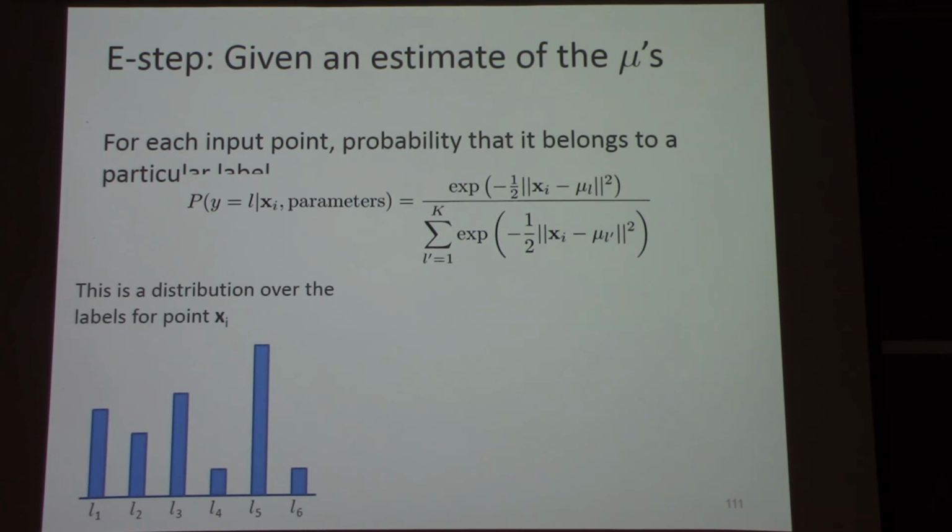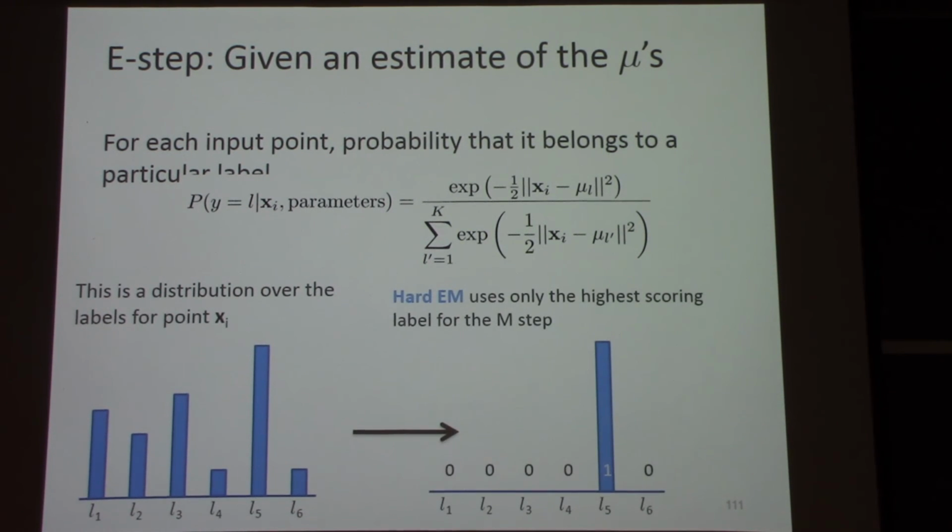Let's say that for a particular example, your current model gives this probability distribution over the labels. If you were doing the EM algorithm, what you would say is, it is this distribution, I'm going to preserve the uncertainty. I'm going to pretend that all these labels are possible. This label 5 is very possible. This one is highly unlikely, but I'm just going to keep that uncertainty to update my next model.